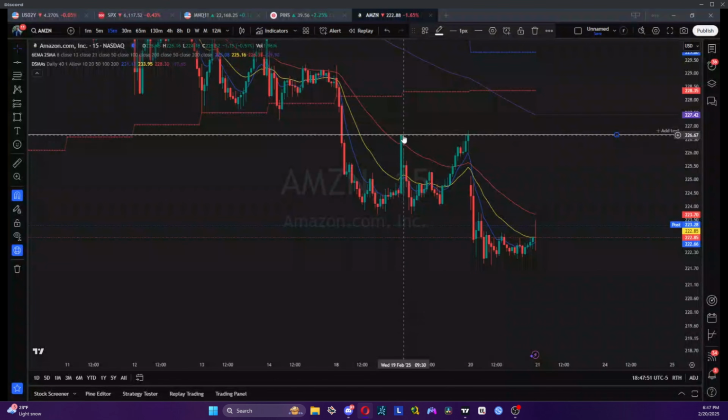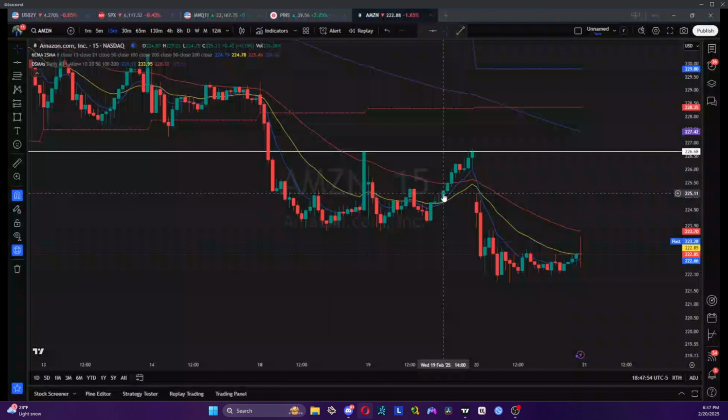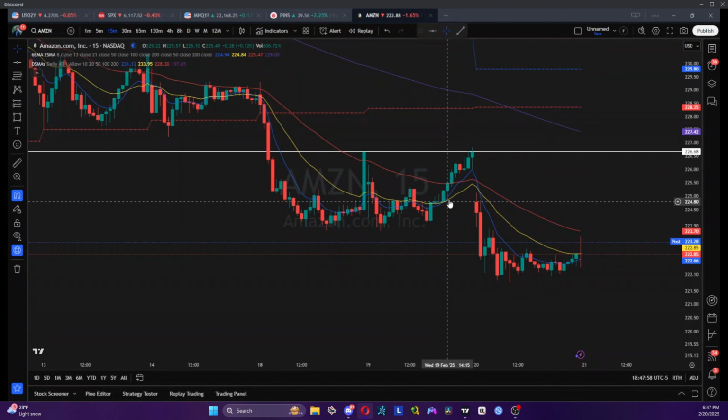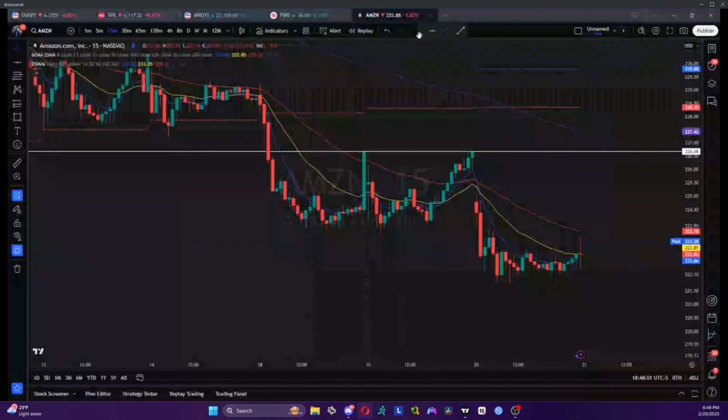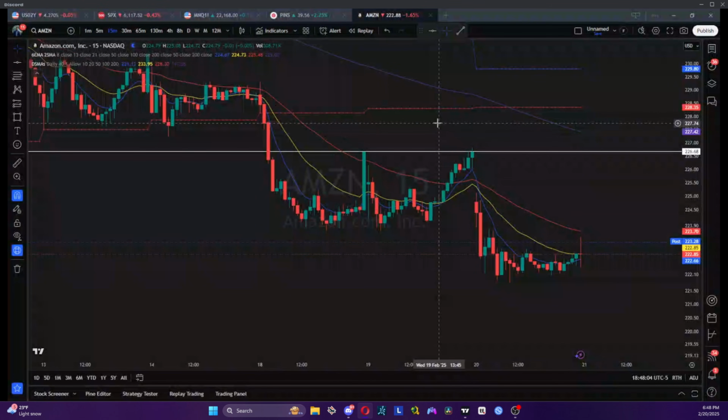So you would have had that as a level and it broke down. This is where EMAs can give you false signals, because here you would have thought that it was going to flip bullish. But that's where, obviously, levels come into play and other types of indicators for confluence come into play.